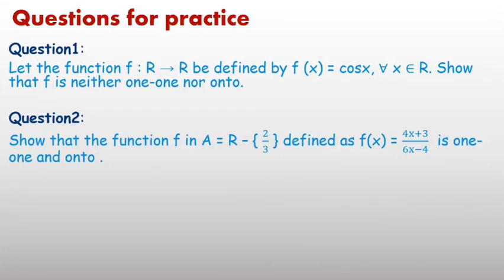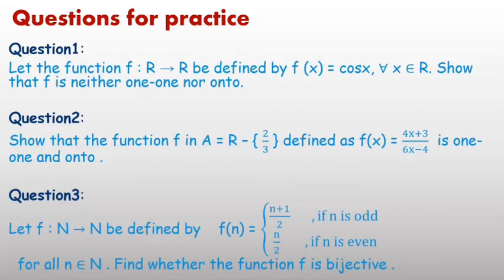Is it one-one and onto? You have to prove it. And third question, f from N to N defined as f(n) equal to (n plus 1) upon 2 if n is an odd number, and n by 2 if n is an even number. You have to check whether this function is bijective or not.